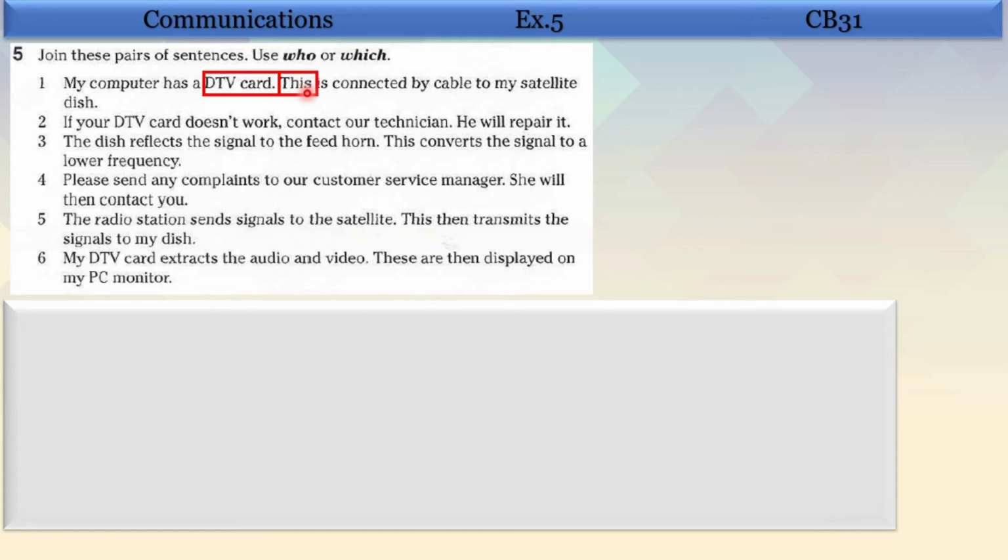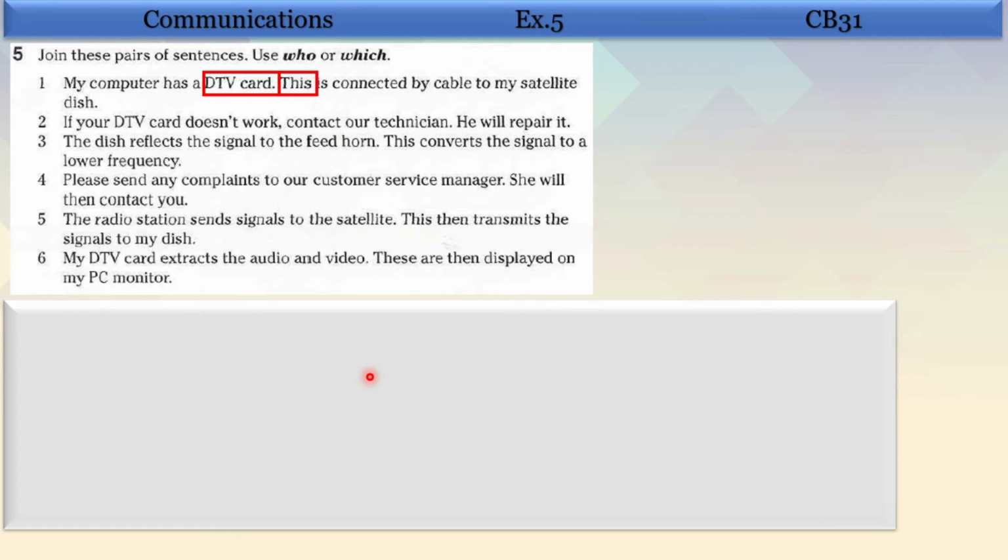So, to join these sentences together, we have to replace this full stop with a comma, and this with which or who. And we're going to choose what? Excellent, which, because DTV card is a thing.